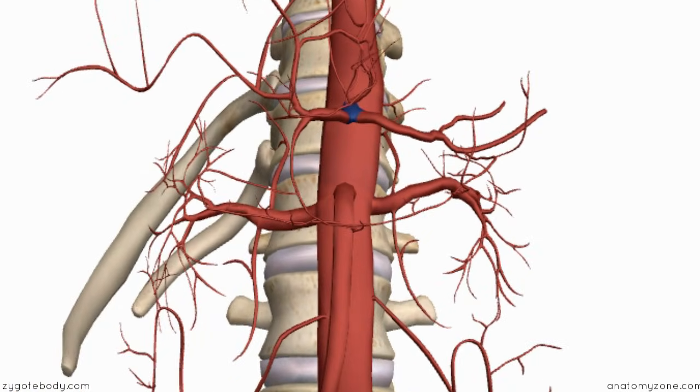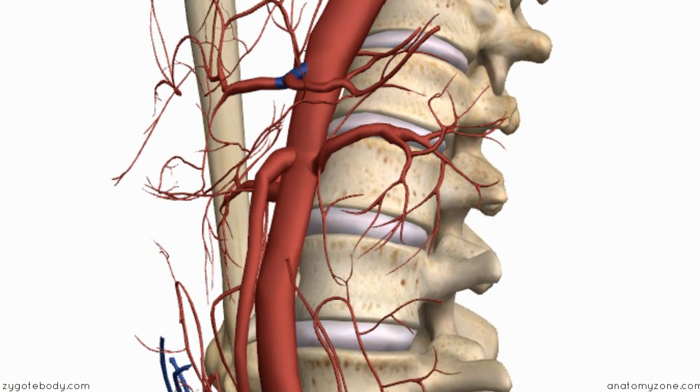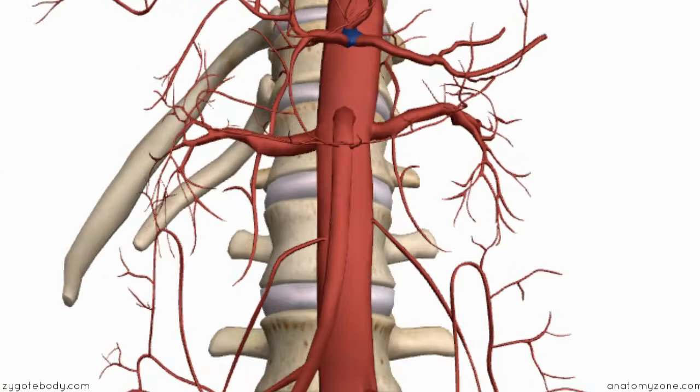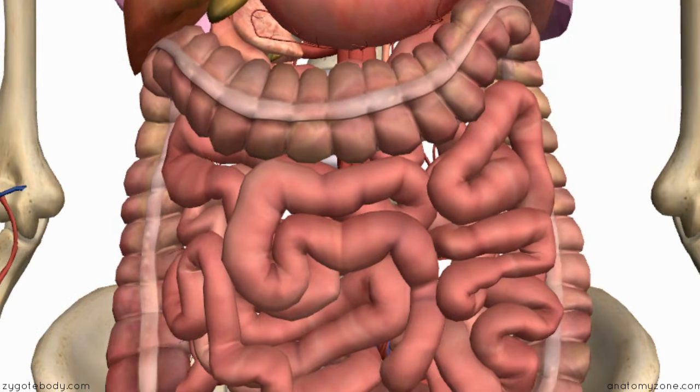So next down we've got the superior mesenteric artery, which supplies midgut structures. And you can see here it lies sort of at the lower border of L1, just below the celiac trunk. So the midgut runs from where we left off, so just at the level of the major duodenal papilla, and it covers all the small intestine and extends 2/3 of the way across the transverse colon.